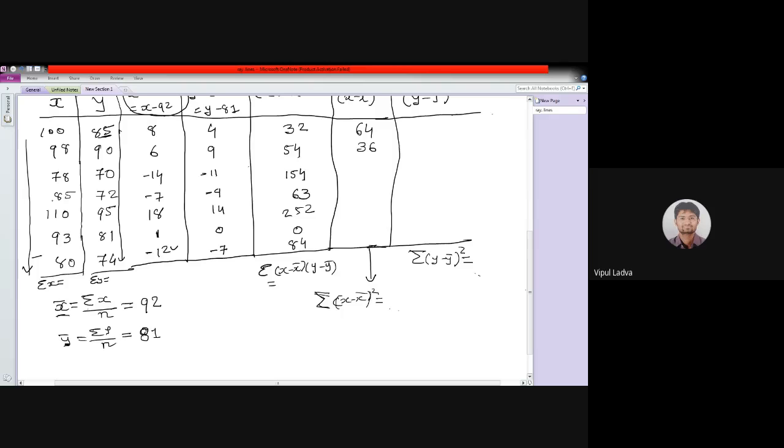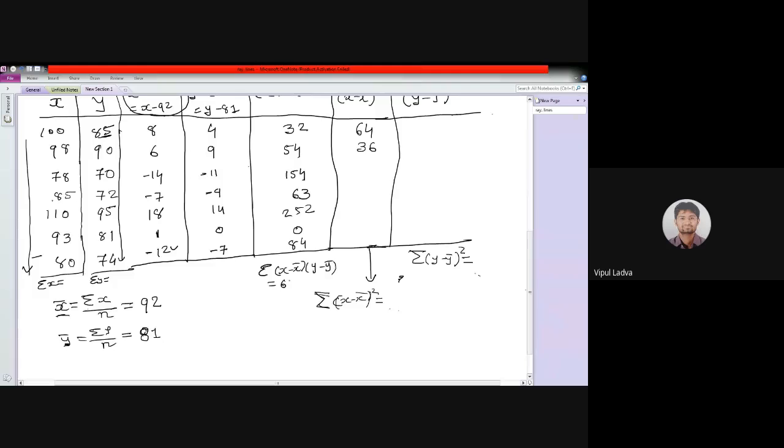So who will tell me the value of both those? Yes, Mohammed. What will be the value of summation x minus x bar, y minus y bar? Summation x minus x bar, y minus y bar will be 639.